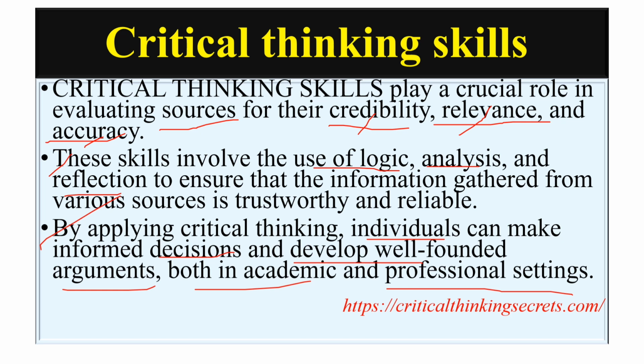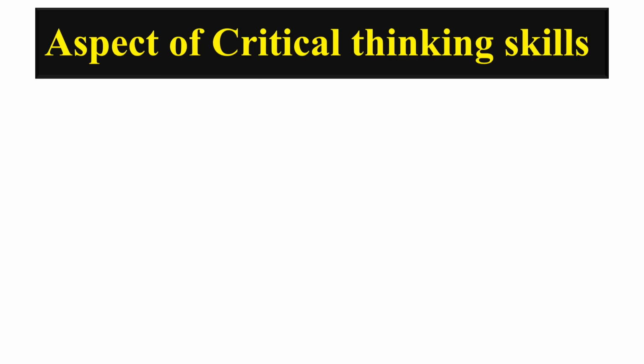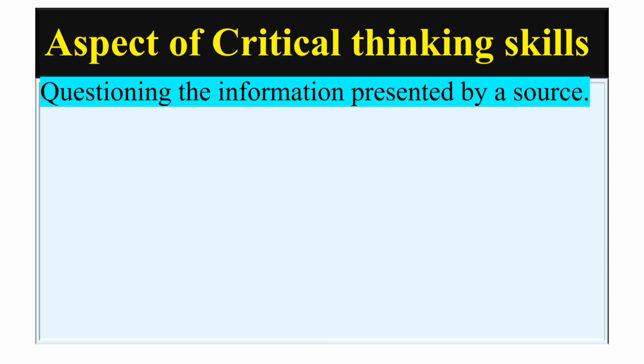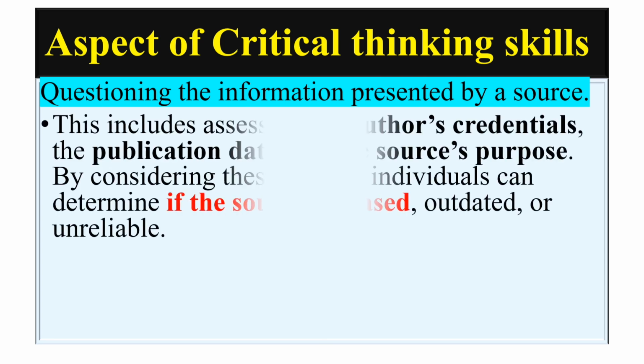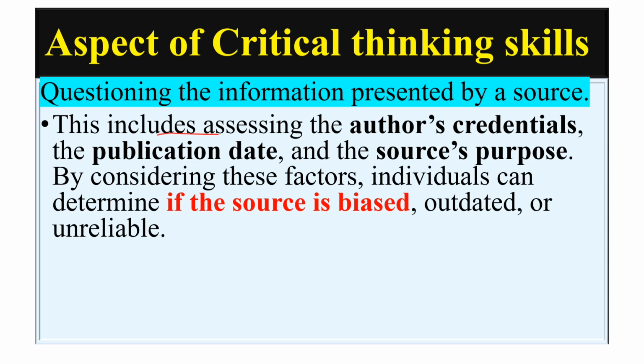Okay. Now let's go to the aspect of critical thinking skills, that is questioning the information presented by a source. So this includes assessing the author's credentials, publication date, the source's purpose, and by considering these factors, individuals can determine if the source is biased, outdated, or unreliable.